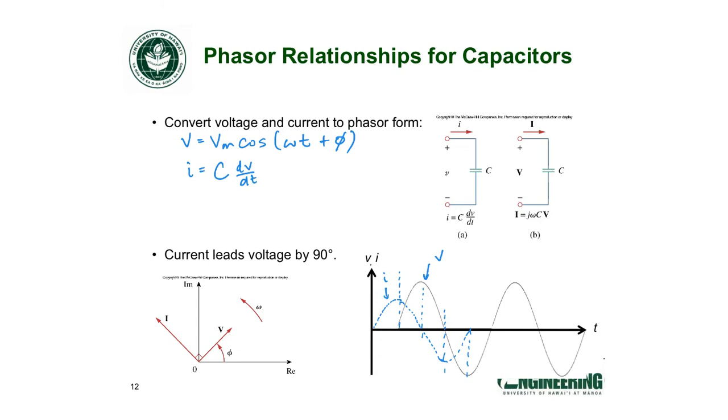And if we do all the calculus and some algebra, that means that the phasor representation of this current is going to be j omega C times the voltage phasor, or the voltage is going to be the current phasor divided by j omega C. And that means that the current is going to lead the voltage by 90 degrees.